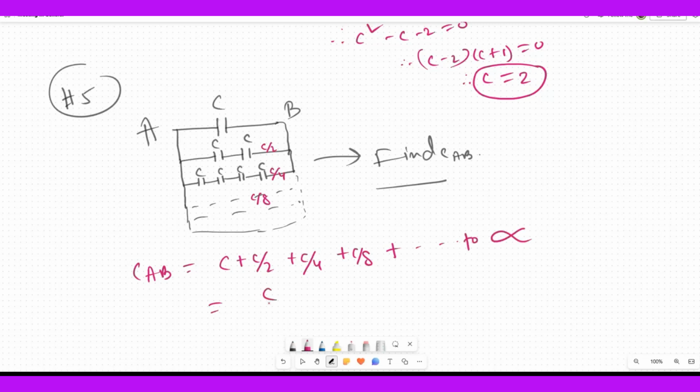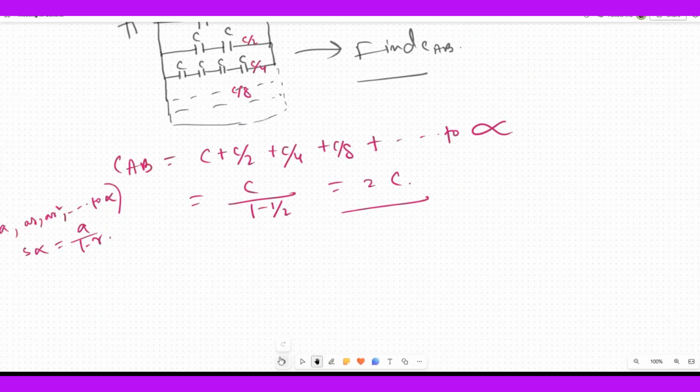Infinite GP sum, you know, is A by 1 minus R, if the series is A, AR, AR square up to infinity, then the summation of this infinite series is A by 1 minus R. So there will be C by 1 minus 1 by 2. Answer is 2C. Clear? Hope you have understood.